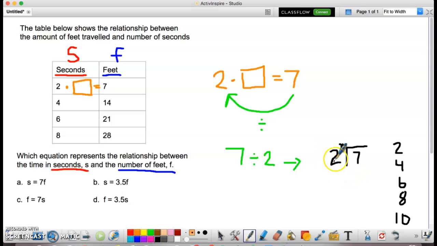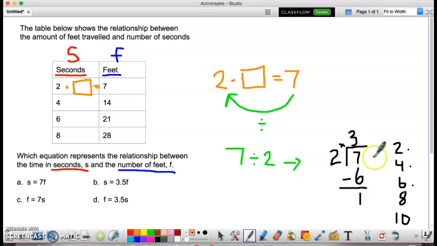So how many times does 2 go into 7 without going over? So I see it goes in 1, 2, 3. Not 4 because 8 is over 7, so 3. And 3 times 2 is 6. So I'm going to subtract 7 minus 6 and I get 1.